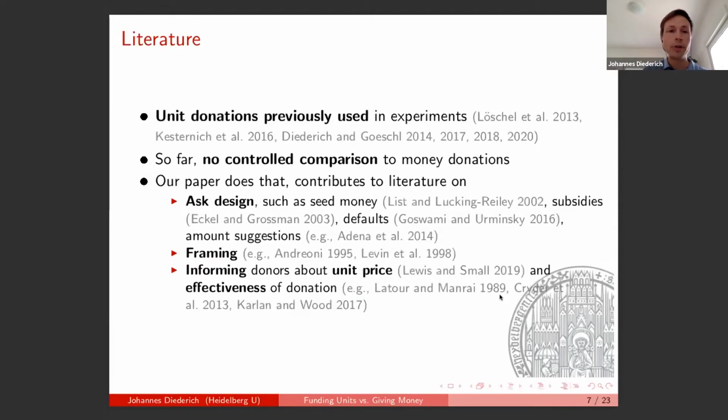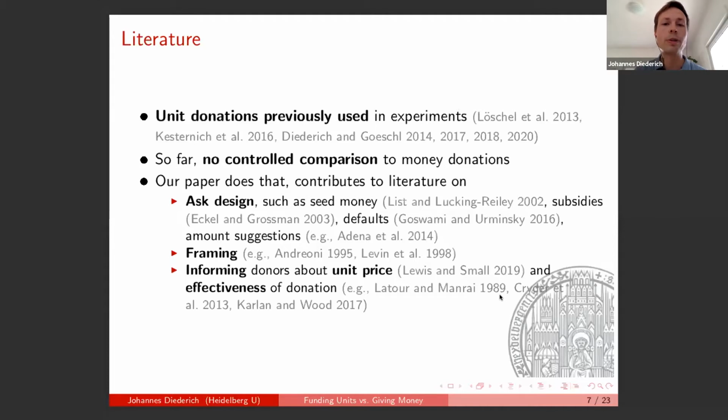We're not the first to use those kinds of unit donations. They have been used in experiments before, and that's one reason why we went into studying that little difference here, because we also wanted to know what the consequences are for researchers that use this kind of scheme in their donation experiments.